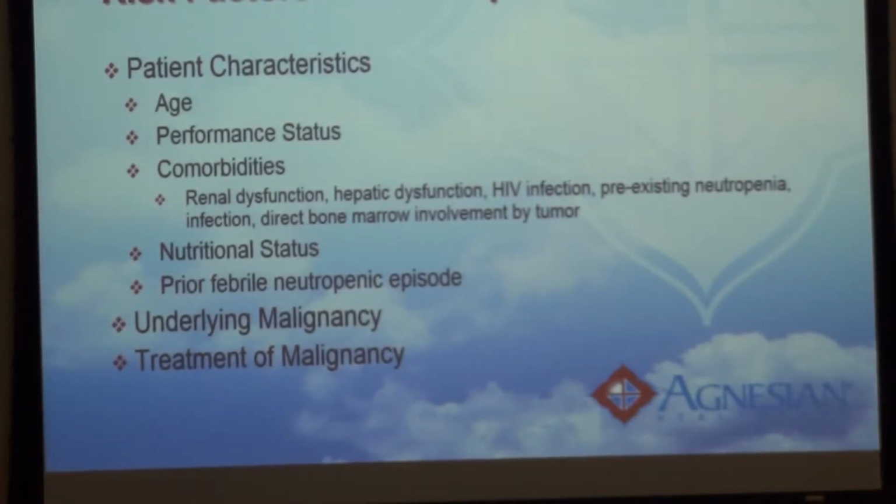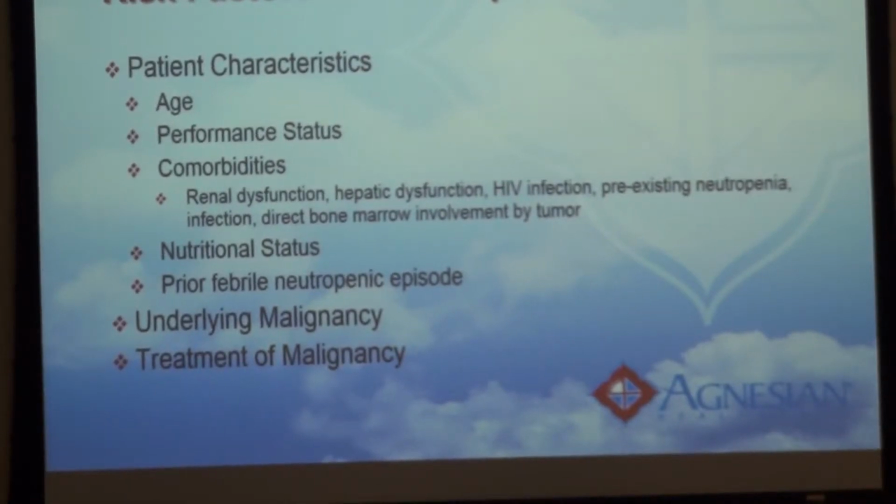So which sorts of patients should we really be cautious about? Which ones are at the highest risk for neutropenic fever? Well, patients 60 to 65 or older are inherently at a higher risk of getting it. Then performance status. We like to look at performance status based on ECOGs.